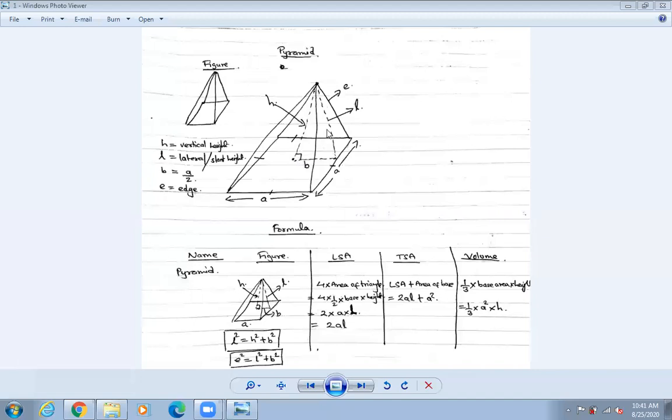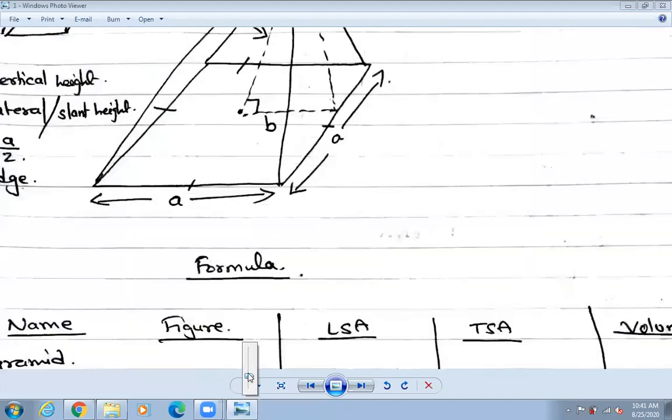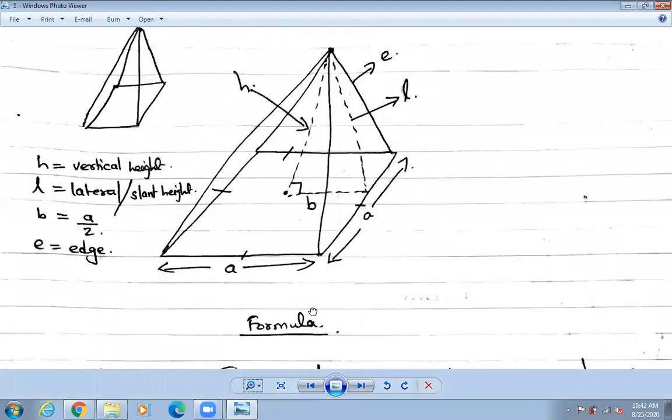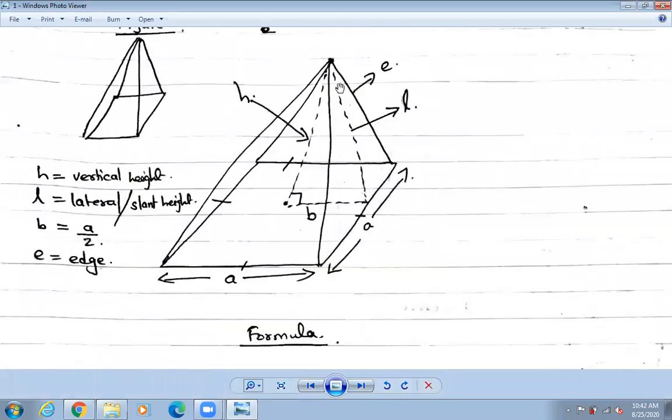We call it hypotenuse. But here in this figure, this is the lateral height. Lateral, L-A-T-E-R-A-L. Sir may have written slant, S-L-A-N-T. Slant height means the slanted height.